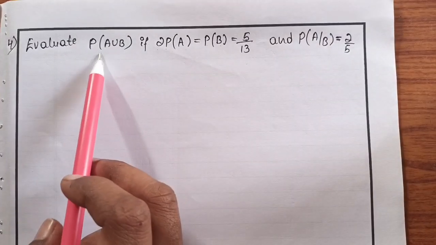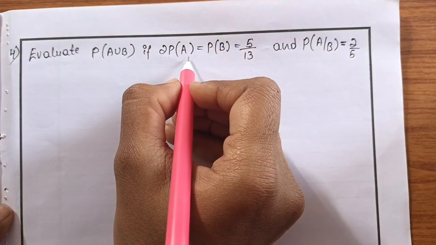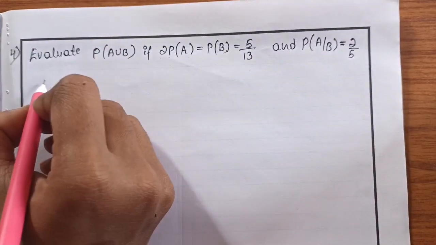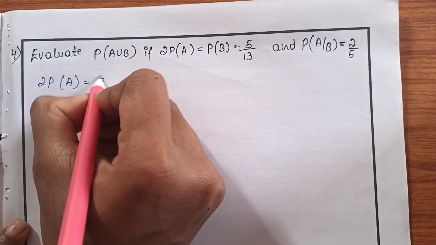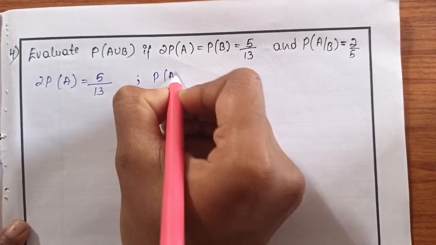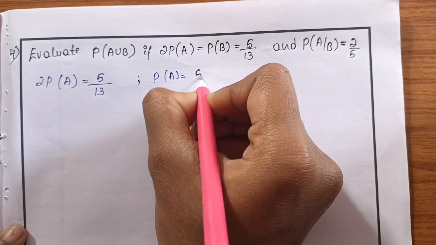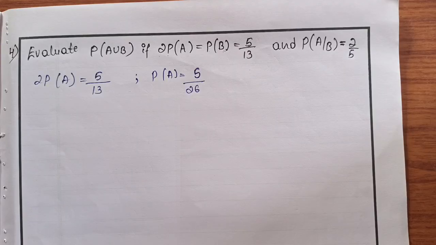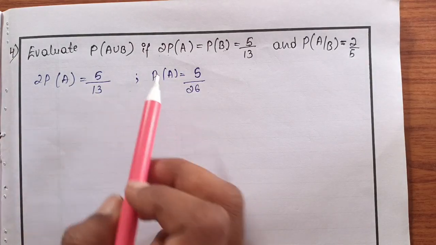So we find out the value of probability of A union B. If 2 probability of event A equals probability of B, which equals 5 by 13, then single probability of event A becomes 5 by 26. 13 into 2 is 26.